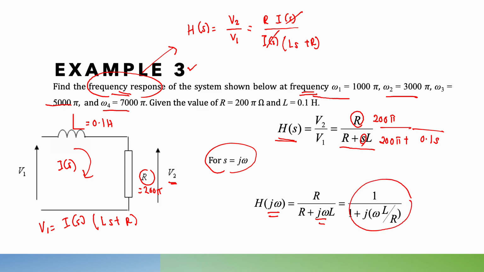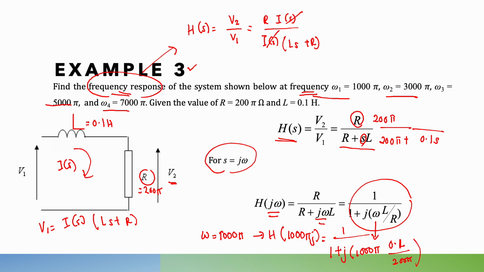This is our simplified equation. Now we need to replace omega with 1000 pi. What is the value of H when omega is 1000 pi? We just replace inside this equation 1 plus j 1000 pi L over R, where L is 0.1 and R is 200 pi.